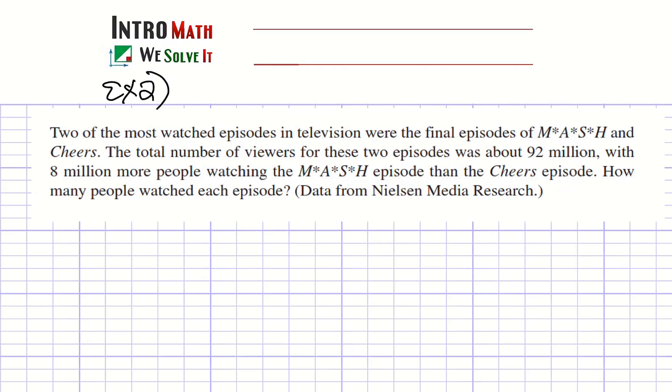The total number of viewers for these 2 episodes was about 92 million, with 8 million more people watching the MASH episode than Cheers. How many people watched each episode? You see, the same idea as the other one, so you pick up on this.